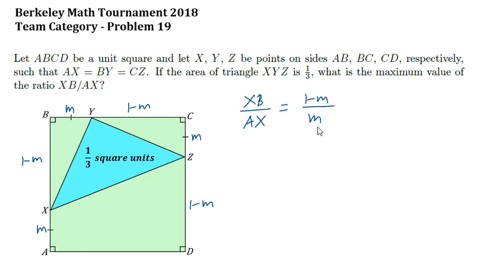But first, let's notice that trapezoid BCZX has an equal area with DAXZ. Okay, so the area of BCZX is equal to the area of DAXZ.